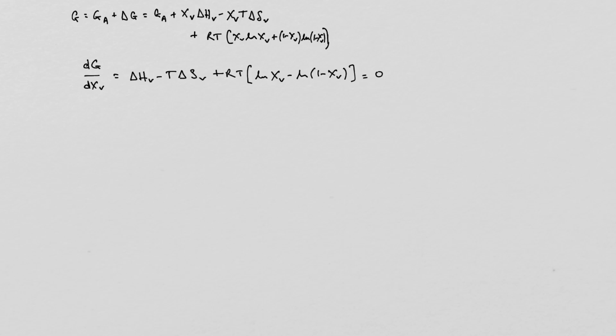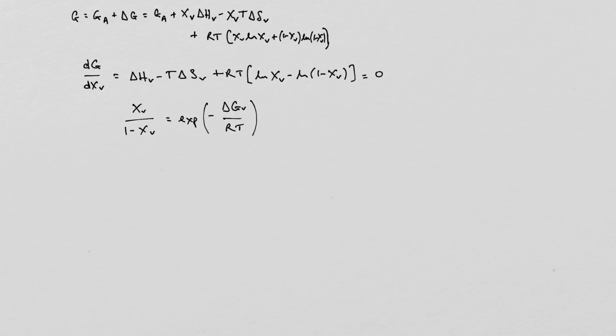Can you see, in here, log of x minus log of 1 minus x is just going to be the log of x divided by 1 minus x. So I'm going to get x over 1 minus x, and then it's going to be the exponential of everything else taken over to the right hand side.